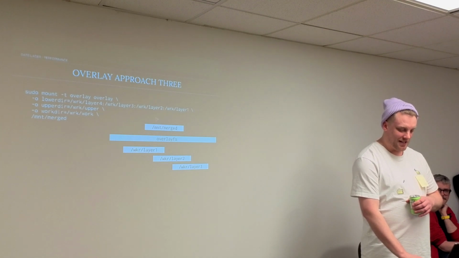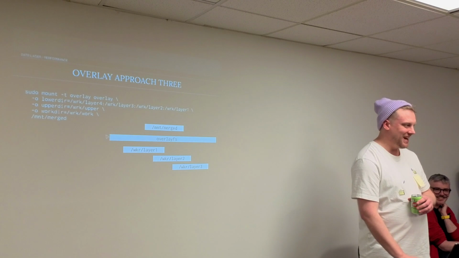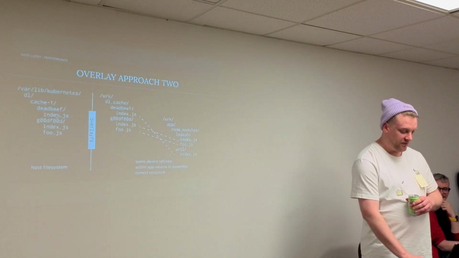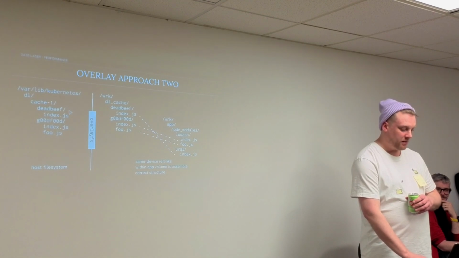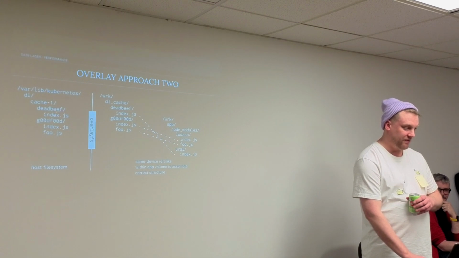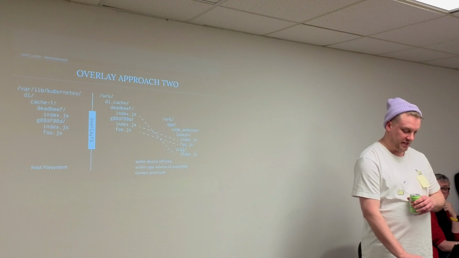So this is literally the last slide because I ran out of time and had to come here to give the presentation. So I don't have the diagram of how it would work exactly, but the idea is instead of mounting one thing in here, we would say this lower folder corresponds to cache entry dead beef. So that's one lower dir. This other node module corresponds to good food.